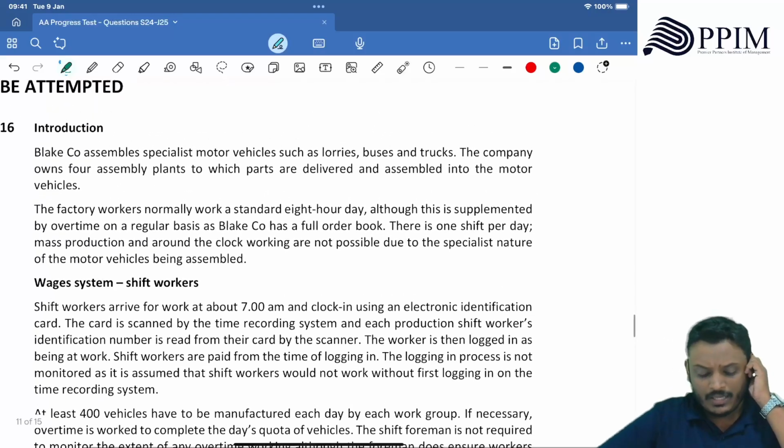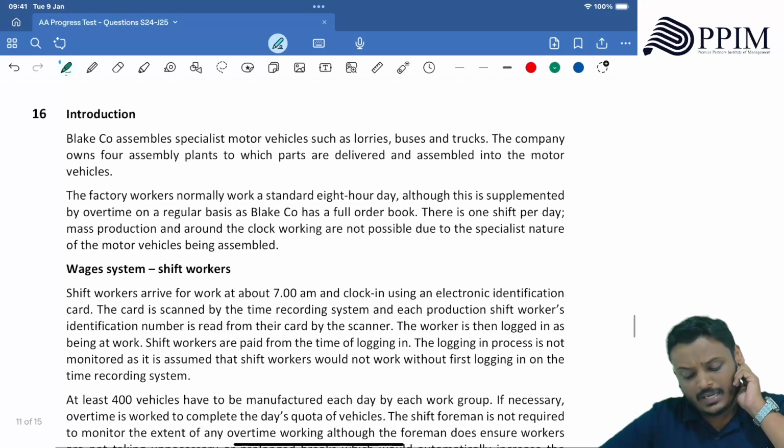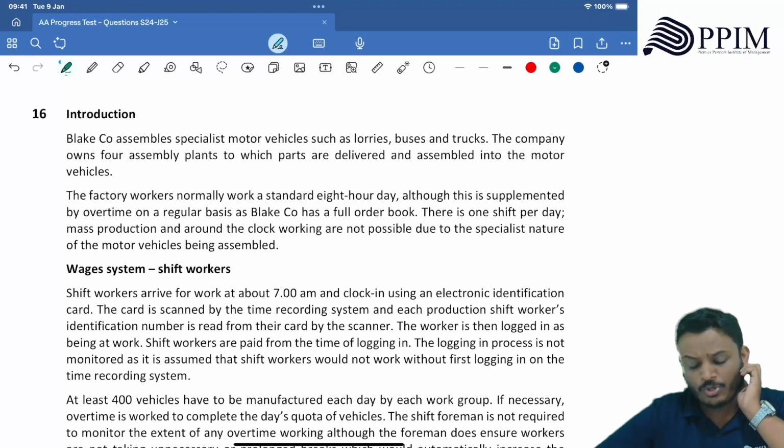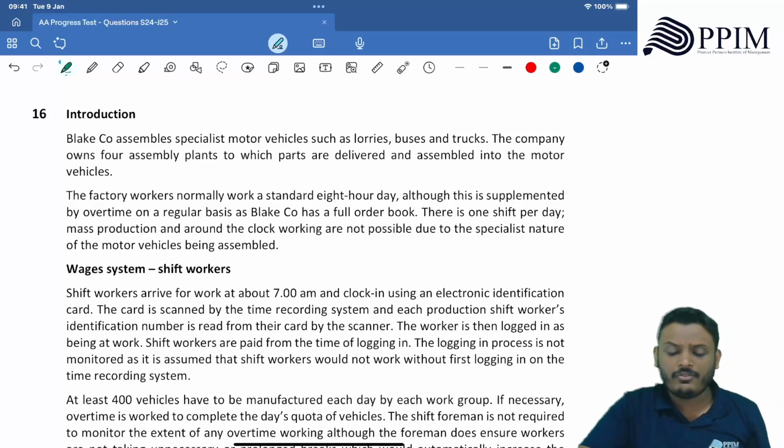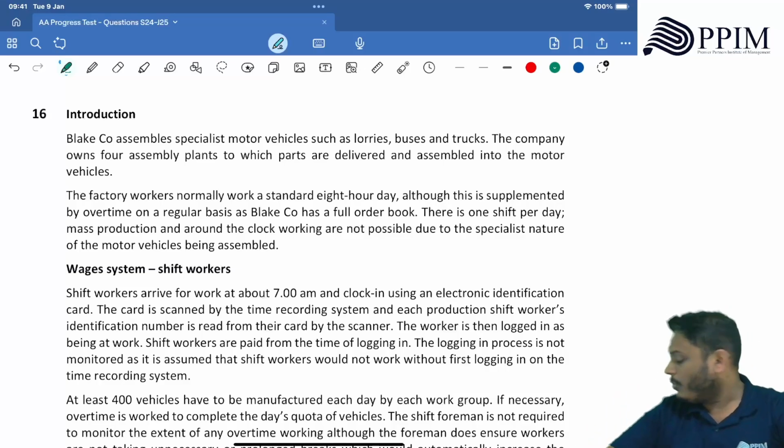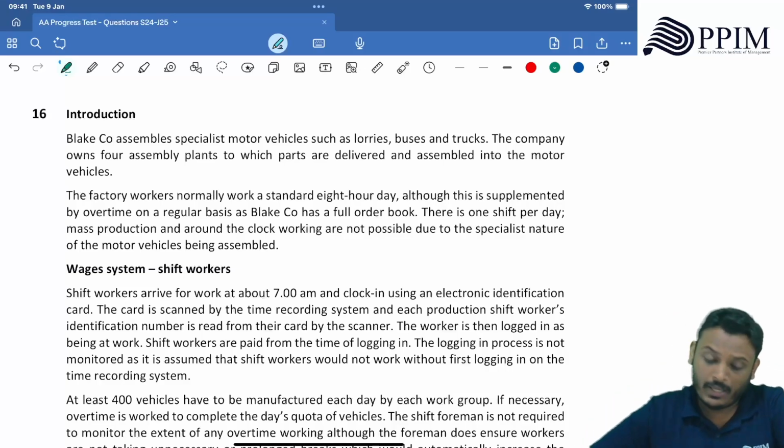Right. See here. B company assembles specialized motor vehicles such as lorries, buses, and trucks. The company owns 4 assembly plants, where parts are delivered and assembled into motor vehicles.